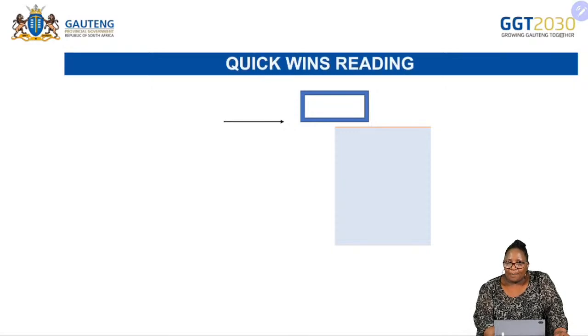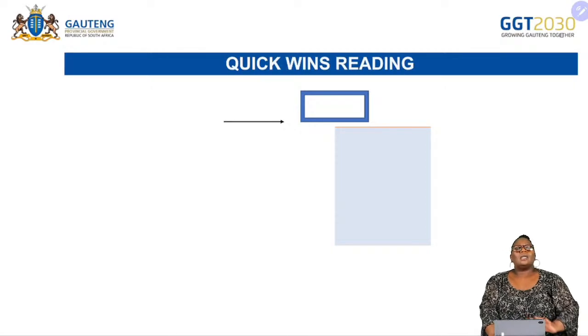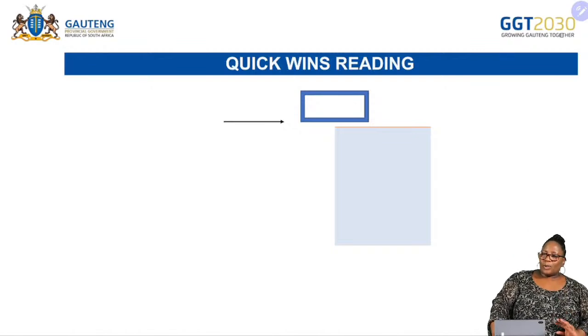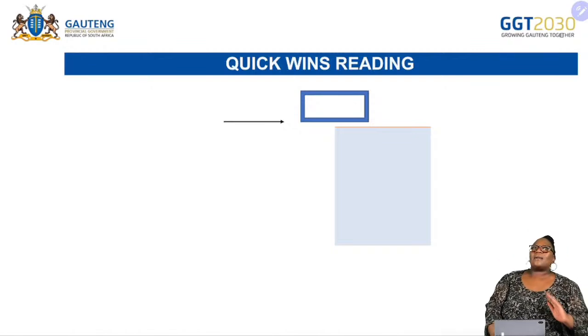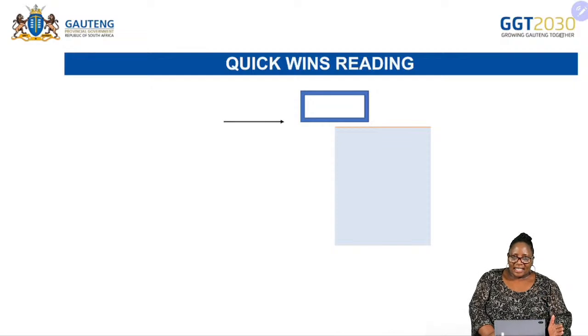So that's all about the format of the question paper. And remember, you follow the instructions because you do not want to lose marks. We have what we call quick wins. These are sure marks that we can put in our bag.